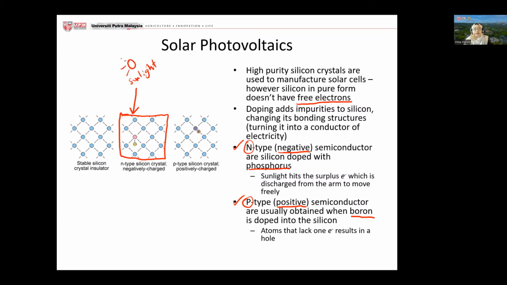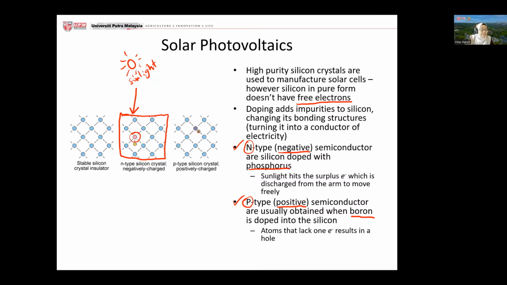As sunlight hits that sheet of N-type silicon crystal, an electron is discharged. The electron is discharged, meaning that it has one free electron, and that is from one arm. Imagine there's a lot here, isn't it? So there's a lot of free electrons that are capable of moving.